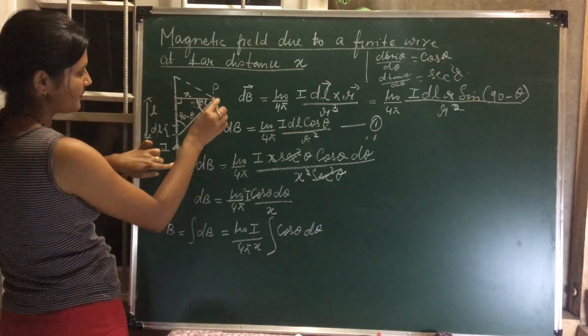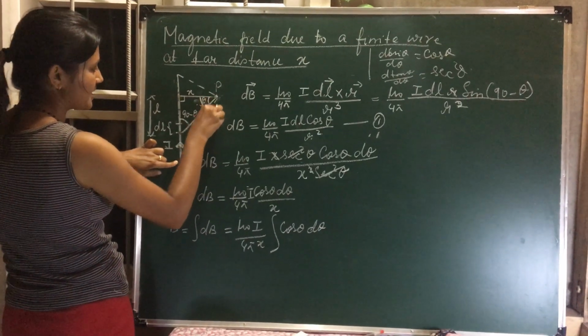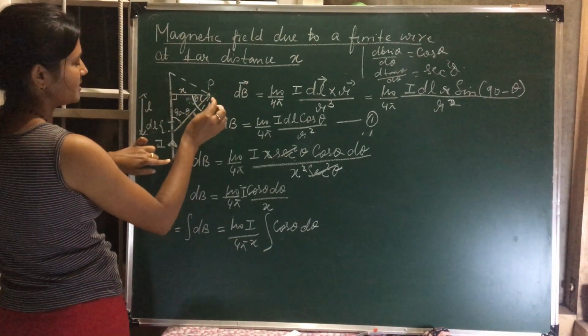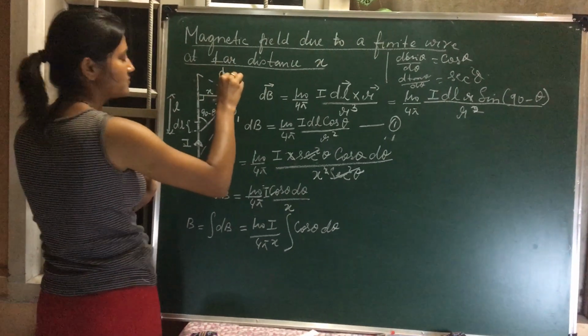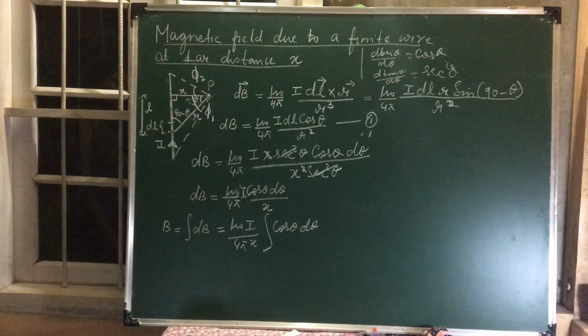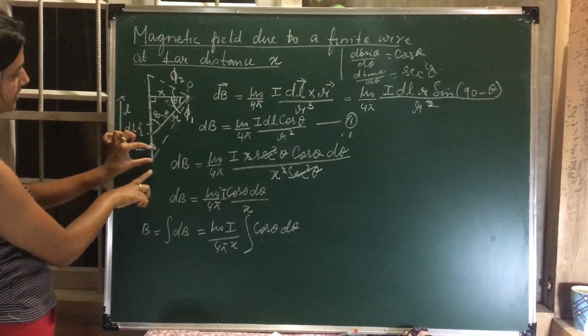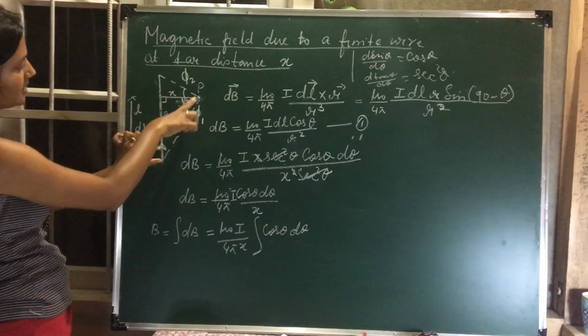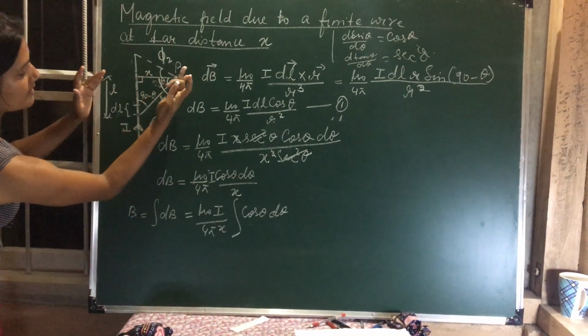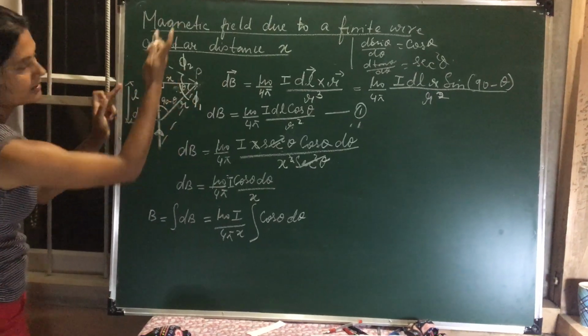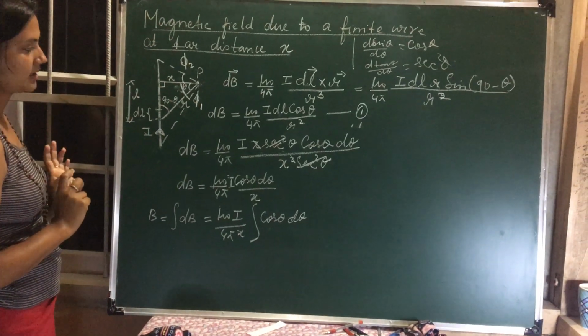This is the middle part we took. Let's say this angle is phi 1 and this angle is phi 2. The extreme angle below is phi 1, and the extreme angle up is phi 2. Clear?